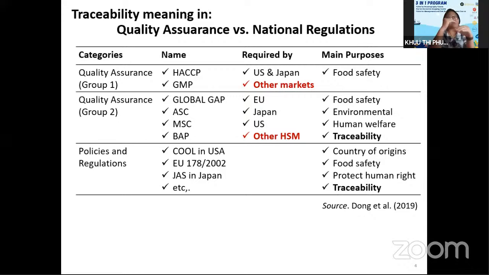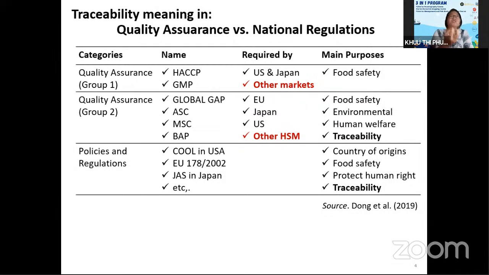But group 2 of quality assurance includes MSC or ASC: ASC for seafood aquaculture and MSC for marine fisheries. Traceability is one of the requirements of those certifications.